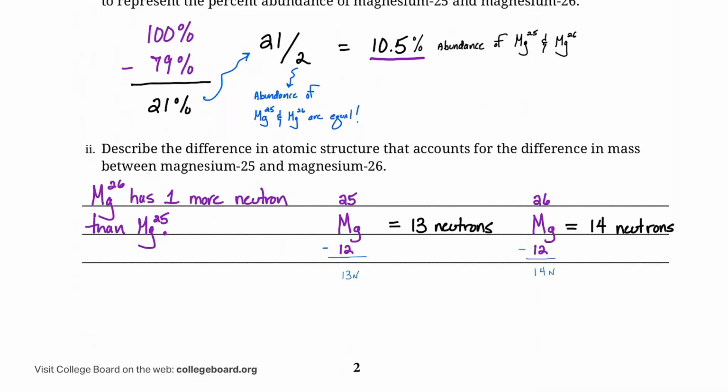So the entire mass of an atom is the nucleons, the protons and the neutrons in the nucleus, which are approximately the same mass, not quite. If the mass number is protons plus neutrons, and this is the proton number, when you subtract, you get your neutrons. In any case, you recognize that magnesium-26 has one more neutron.